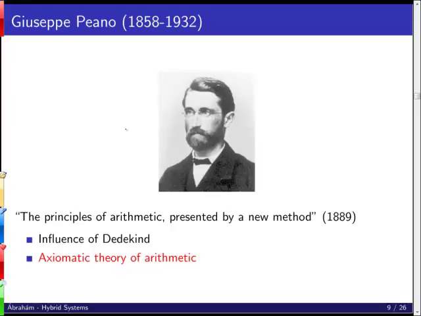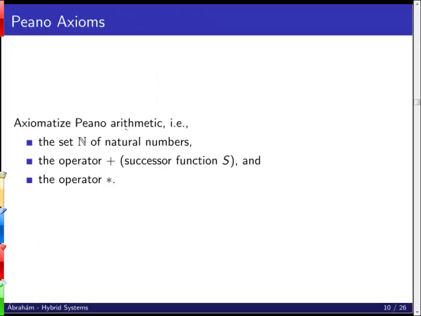So if you have a logic, Peano formalized the axiomatization of Peano arithmetic, and now the question came, if you have Peano arithmetic, this means the natural numbers and addition and multiplication. This is the mostly used logic at this time.